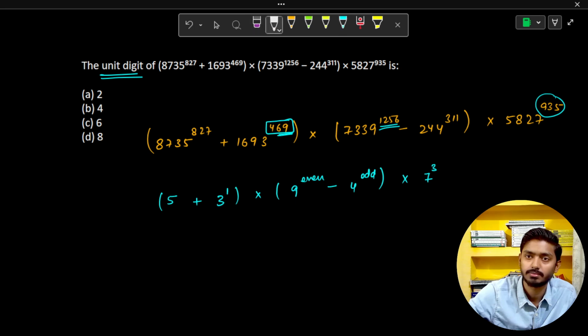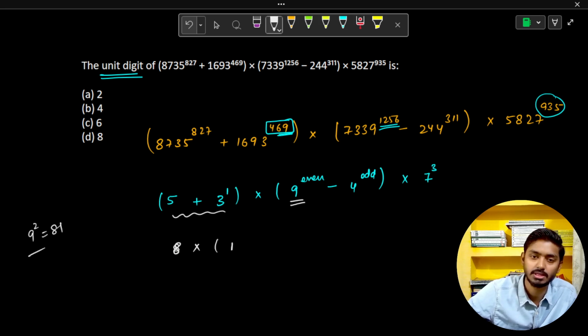Now 5 plus 3 would be 8. Multiplied by 9 to the power even gives us 1. If you don't remember, you would say 9 to the power 2 is 81.